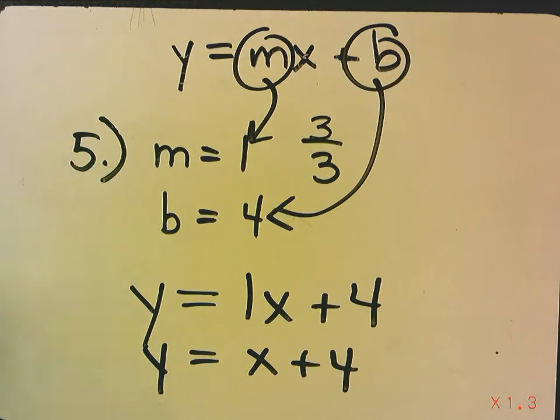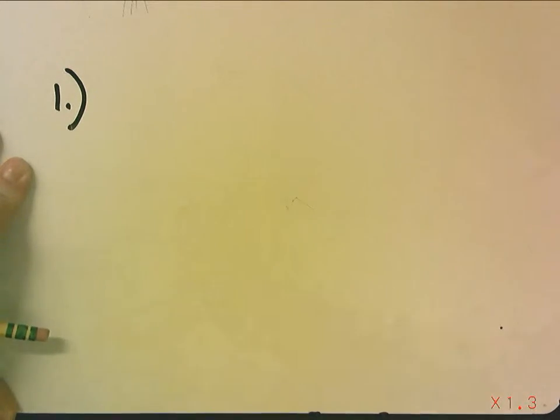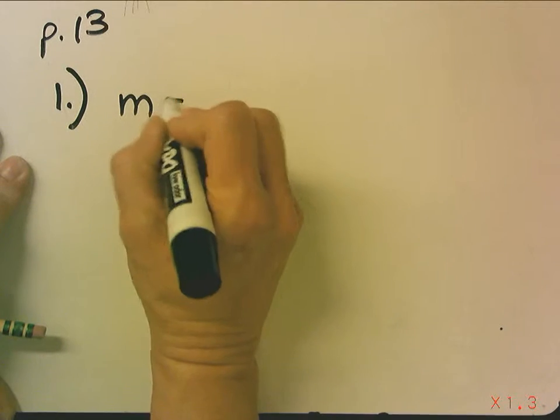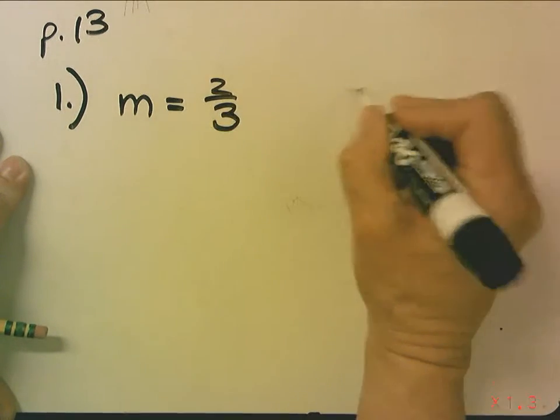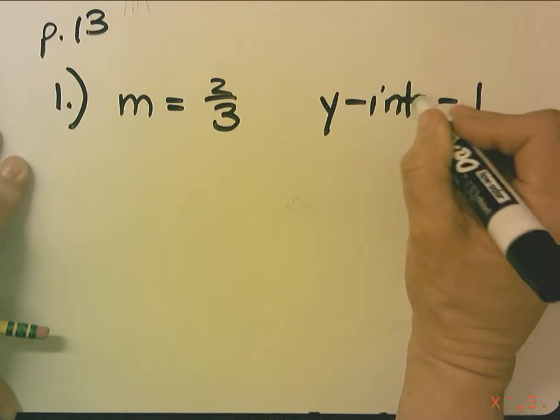So when you're given graphs, you count to get the slope and you look to see where it crosses the y-axis. Now, let's look also on page 13 at number 1. They give us a slope of 2/3, and they tell us the y-intercept is -1.